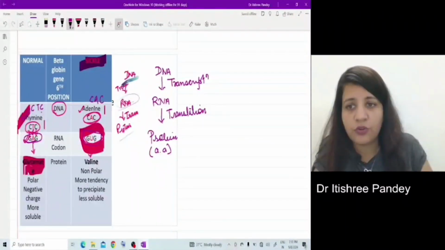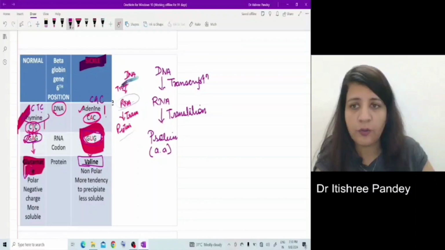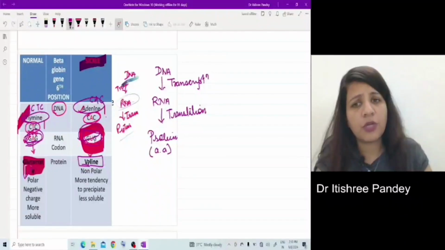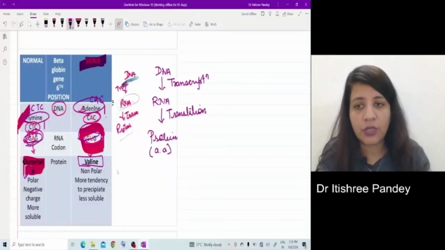Now this GAG codes for glutamate, whereas GUG codes for valine. So because of changes in the nucleotide base at the level of DNA from thymine to adenine, and from GAG to GUG, and from glutamate to valine, sickle cell disease takes place. Now what is the characteristic of the amino acid glutamate?